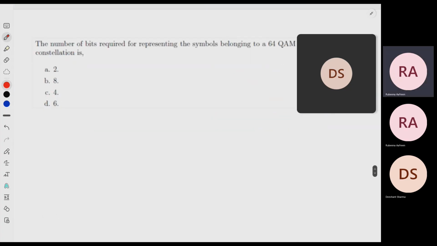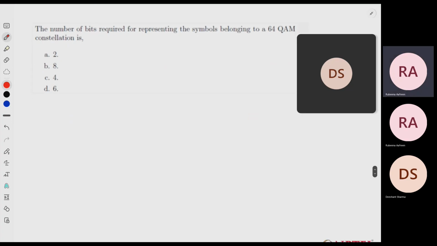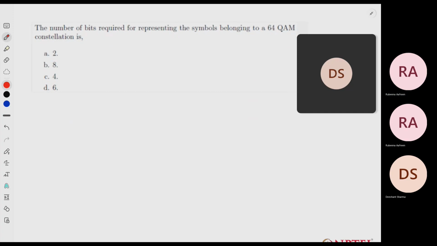Then the number of bits required for representing the symbols belonging to a 64 QAM constellation. What happens in any QAM is that, suppose we have this 64 QAM, first we can start with the 16 QAM. QAM is quadrature amplitude modulation. So here the signals are modulated in terms of amplitude in phase as well as quadrature phase.